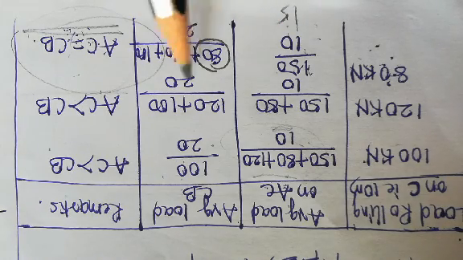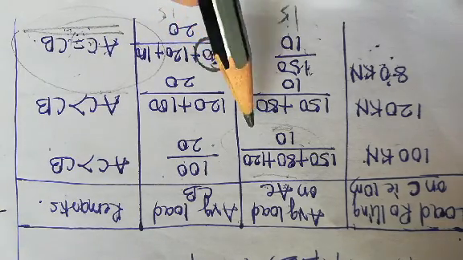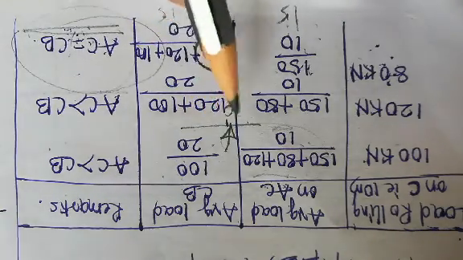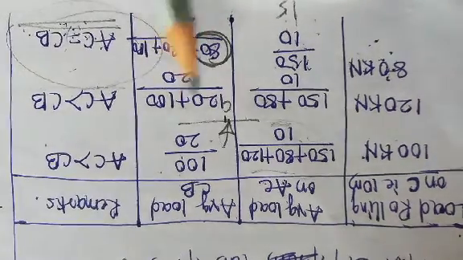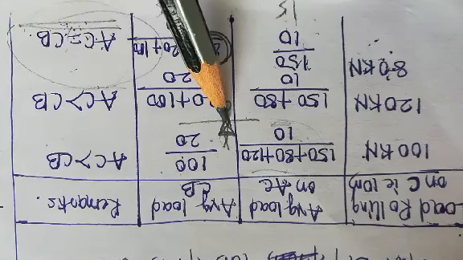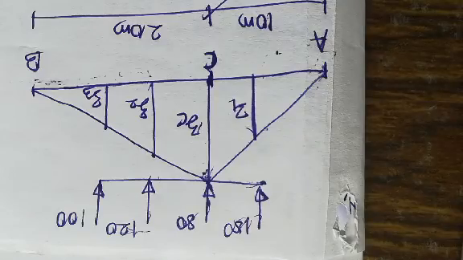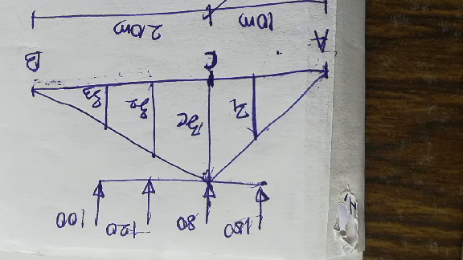When you place 80 kilonewton at C point, you will be getting the maximum bending moment at C. Or in simple words, from the table we are trying to calculate the maximum effect, which load gives the maximum effect when it rolls over point C.